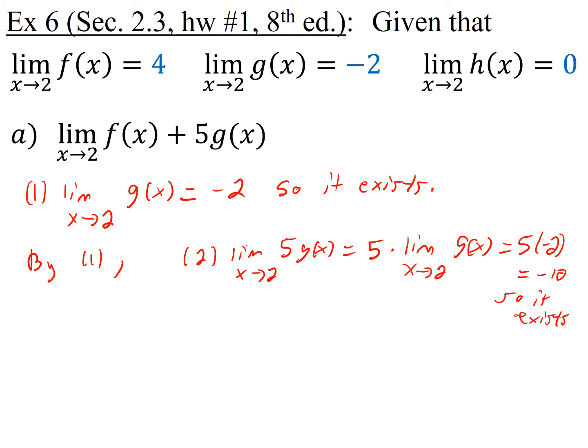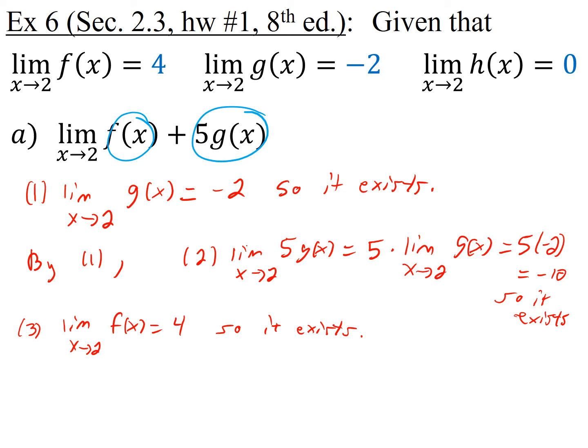Okay, and then 3, the limit as x goes to 2 of f is given as 4, so it exists. And since the limit of f exists now and the limit of 5g exists, then we can use the sum limit law and do the whole thing.